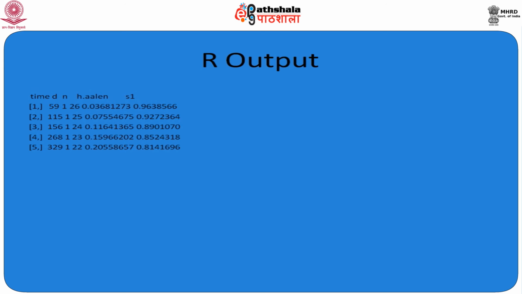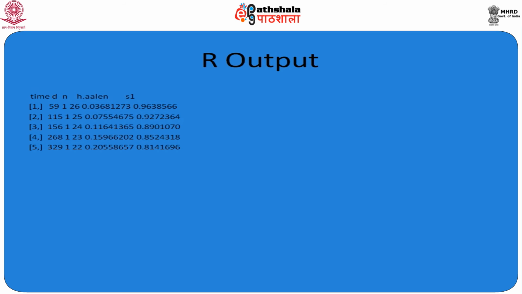The corresponding hazard estimations from the Nelson-Aalen estimator are 0.03, 0.07, 0.11, 0.15, and 0.20.